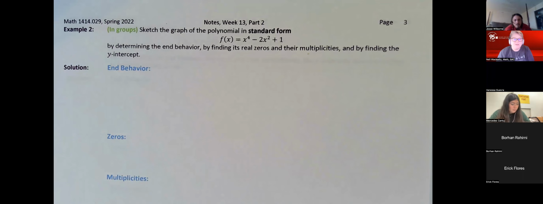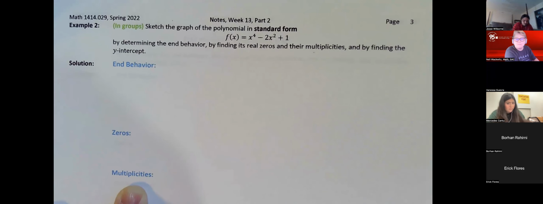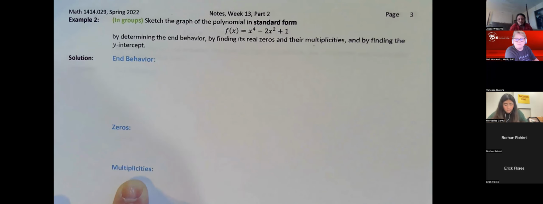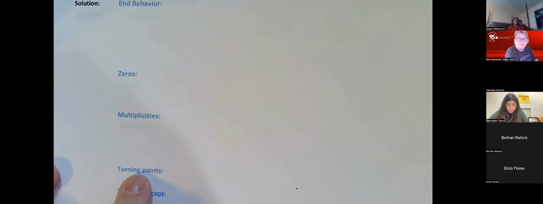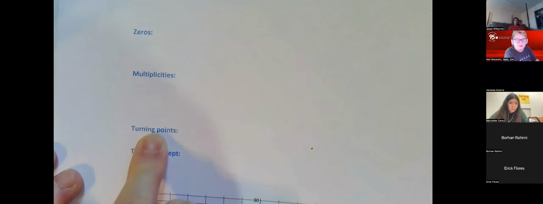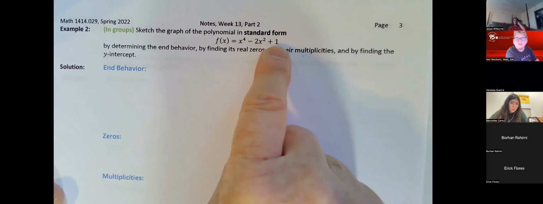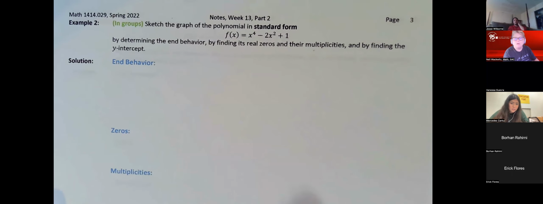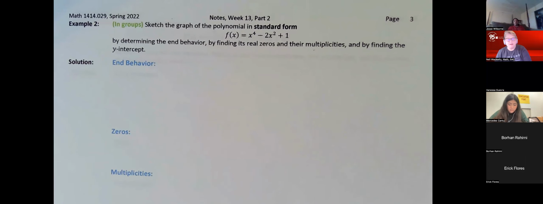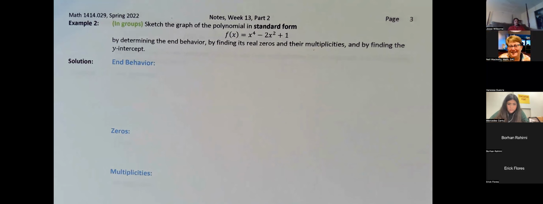The zeros you'll find by factoring. The multiplicities, where did they come in? The exponents after you factor. That's right. The exponents on each factor give us the multiplicities, and then the turning points, that's n minus 1, and the y-intercept. Because we're in standard form, it's just going to be the constant term, 0, the constant. So I'm going to go away. I'm going to listen though, and whatever you say, I'm going to write down. So please work together.